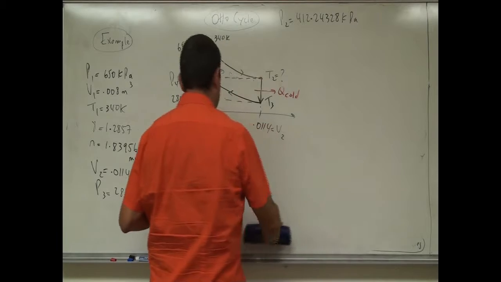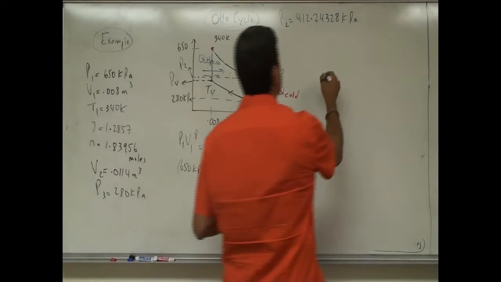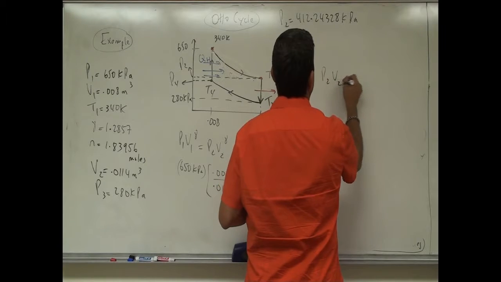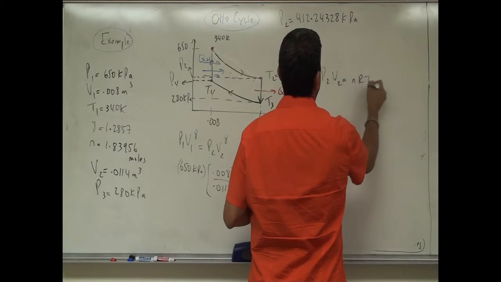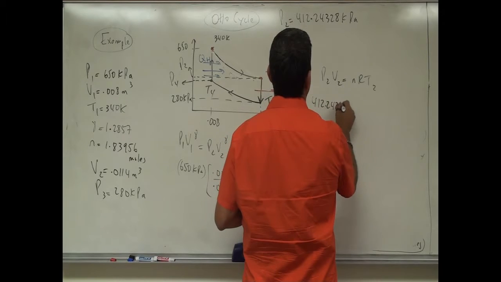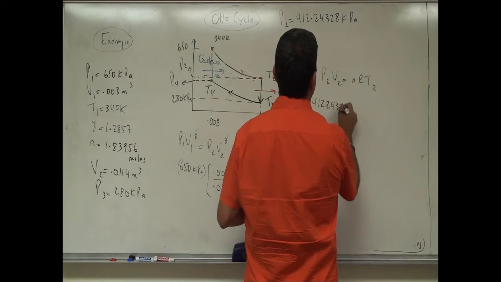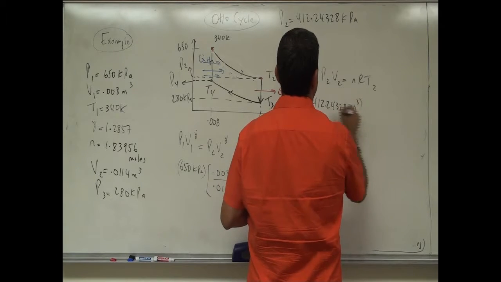So then what else do we need here? Well, we need the temperature T2, right? So how do we do that? We can say P2 V2 is equal to nRT2. So P2 we already know, 412.24328 times 10 to the third.